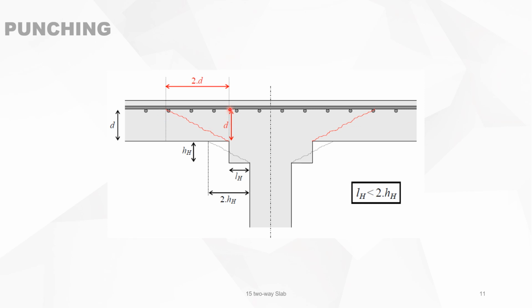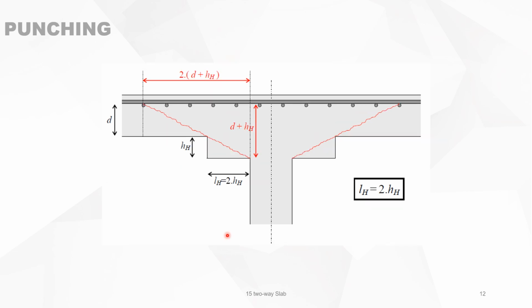It means that the depth is the effective depth d, and the horizontal distance is 2d. This is the slope of the expected punching cone. When LH is equal to 2 times the depth of the first layer, then of course you only have one punching cone, which is like this one.